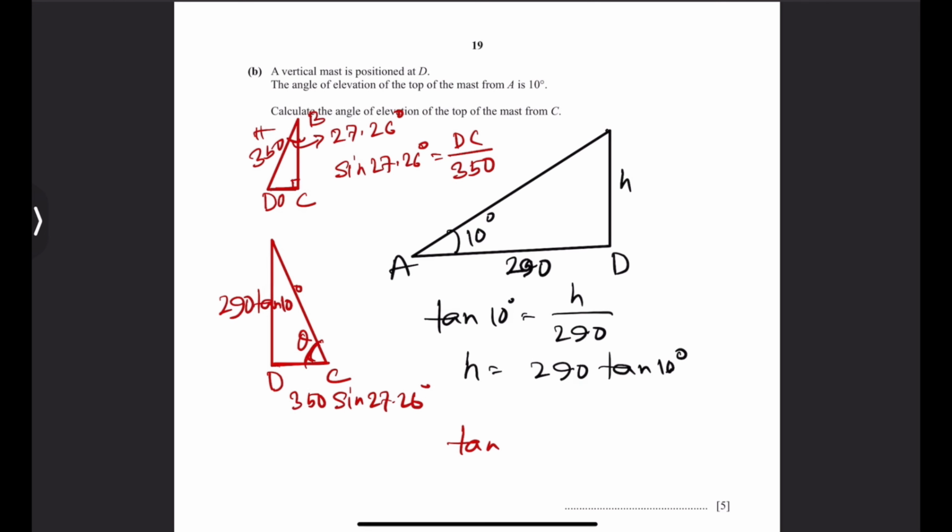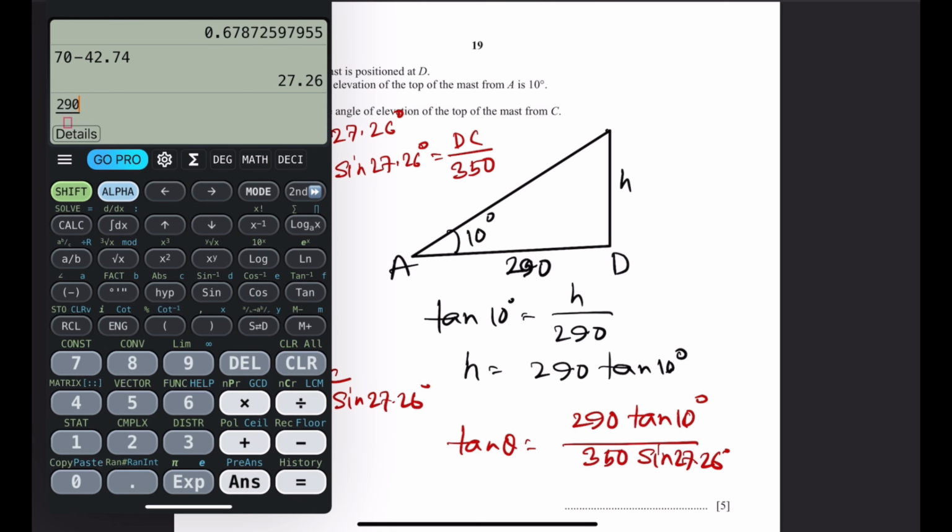So tan theta equals 290 tan 10 degree divided by 350 sine 27.26 degree.